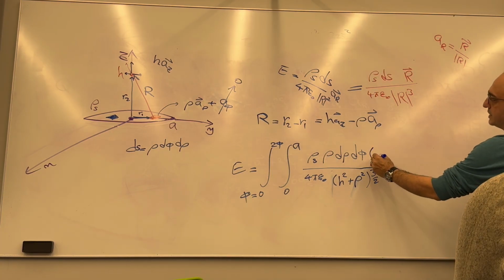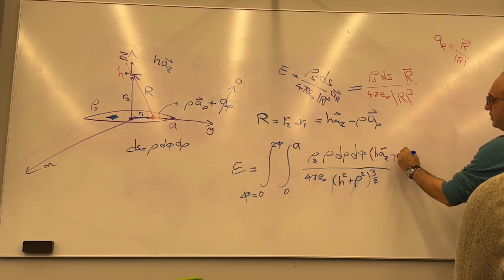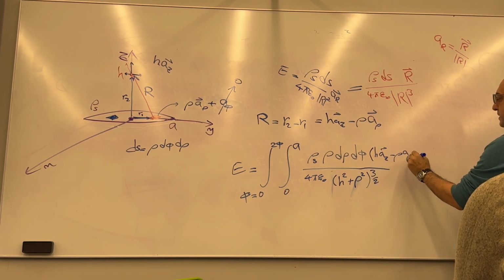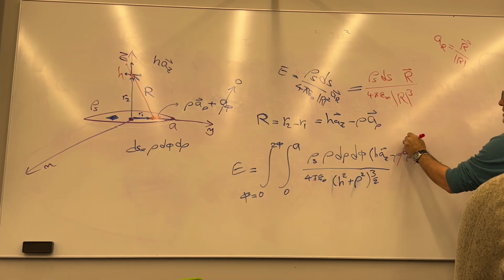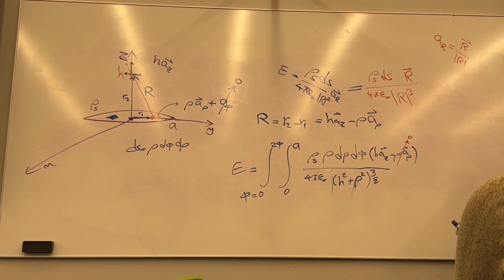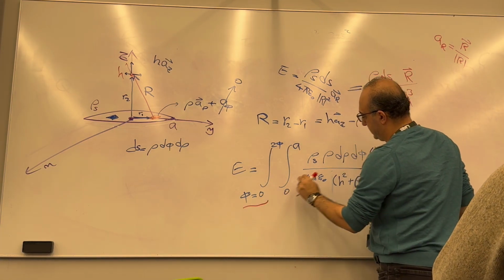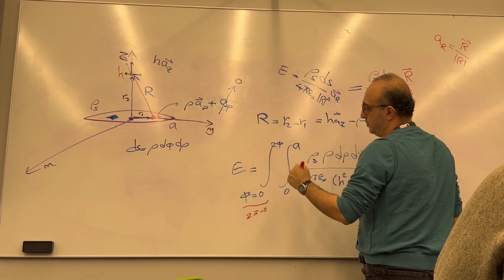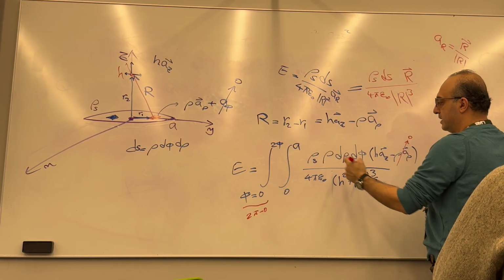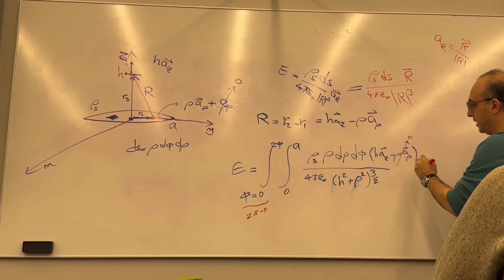So if I put h a z minus rho a phi, I know that this is going to be 0. Then my integral for this part, because there is no phi here, is going to be 2 pi minus 0, which is 2 pi. Rho is constant. This h is constant. I take out everything.